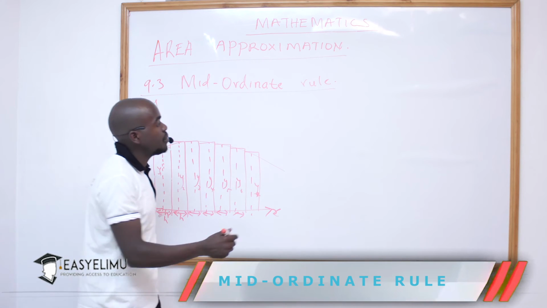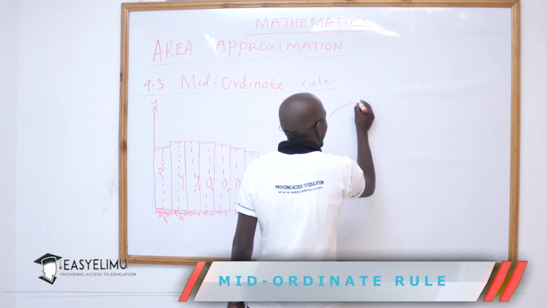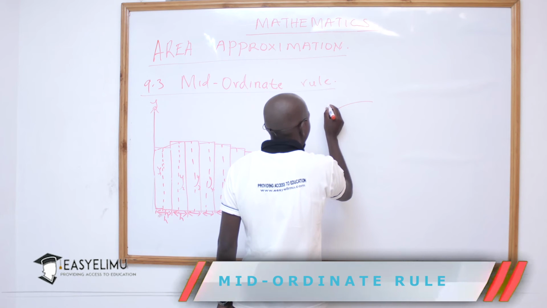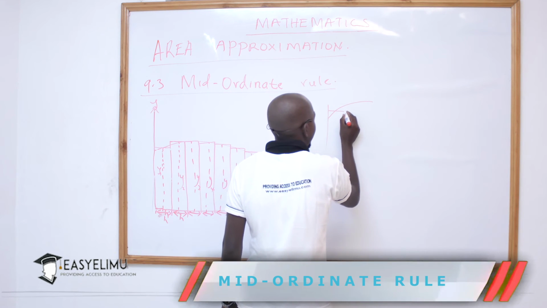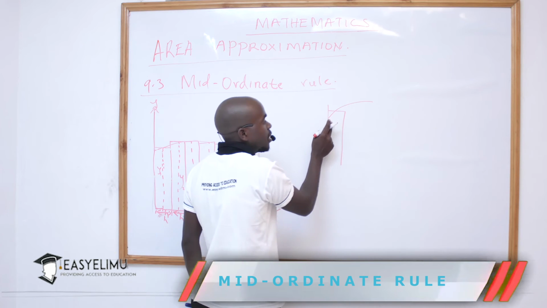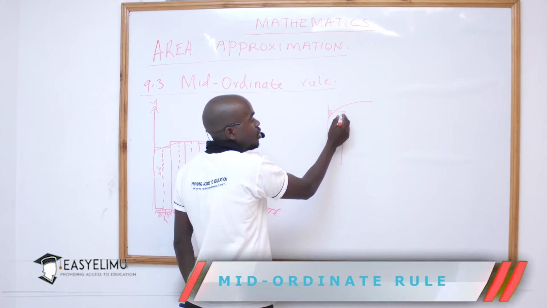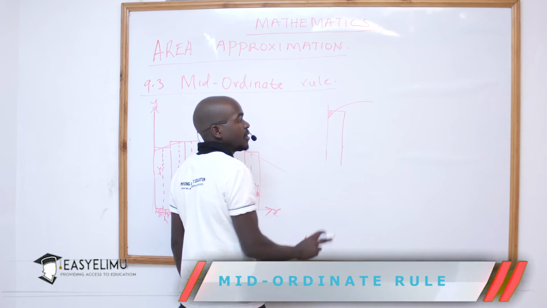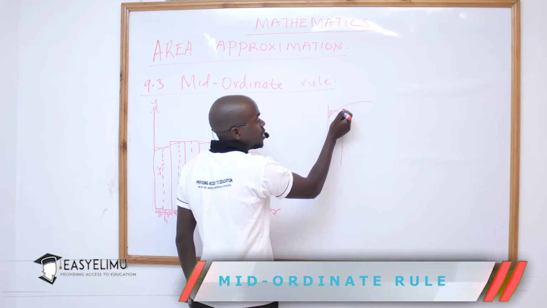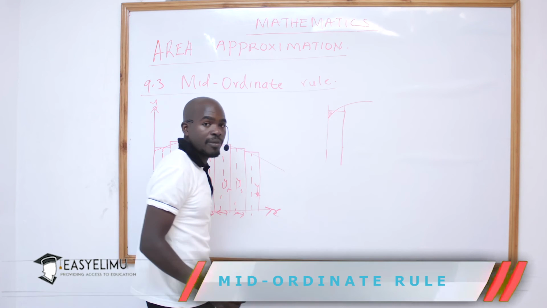It should always be in such a way that the rectangle covers both the space above and the space below the curve, so that the area of one part compensates the area of the other.